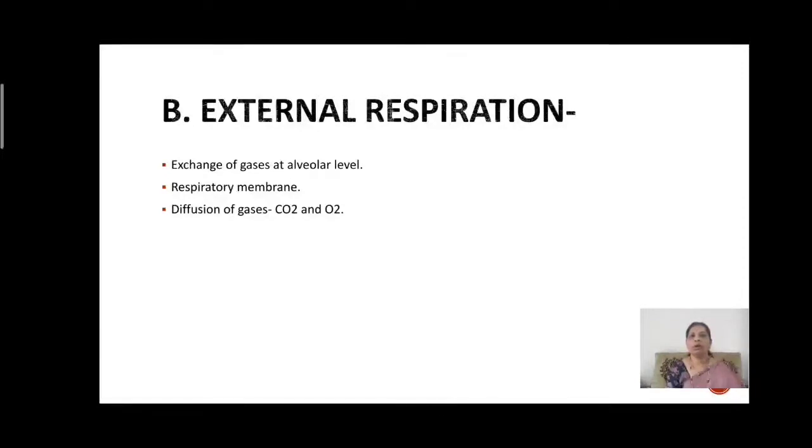According to the law of diffusion, due to this difference, the carbon dioxide flows from blood capillaries into the alveolus.